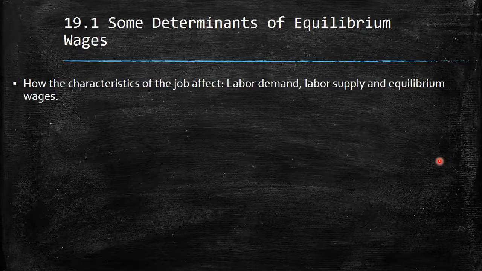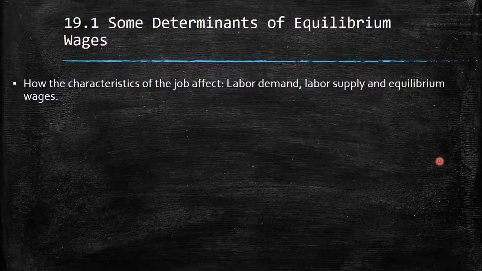We know how the characteristics of the job affect this. So definitely there are three different elements: from one side we have the labor demand, then we have the labor supply, and then we have the equilibrium wages.